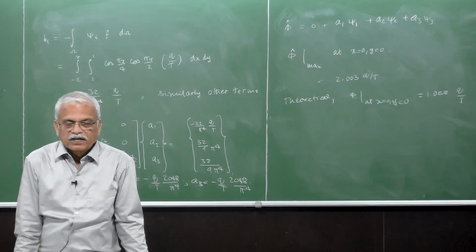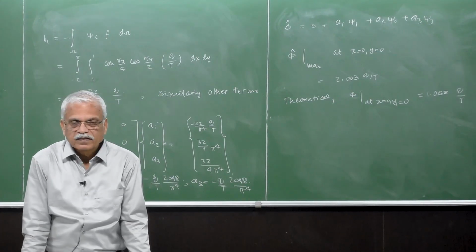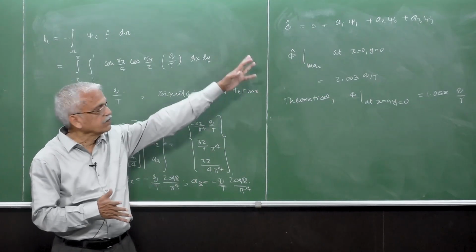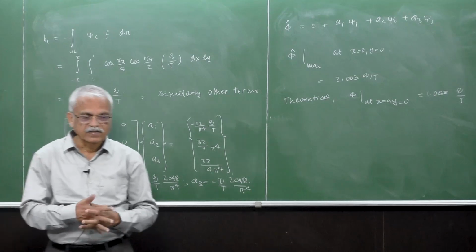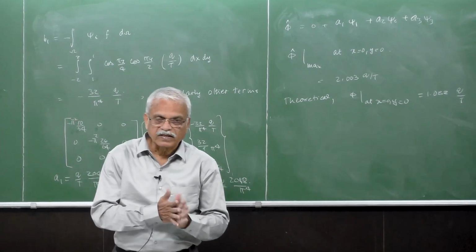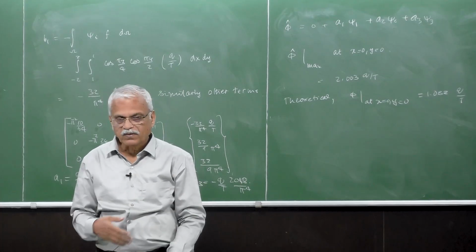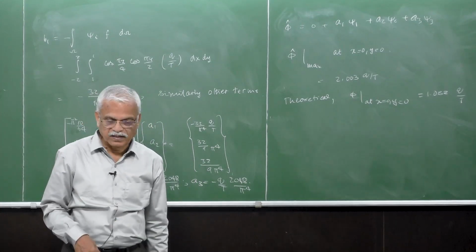Obviously, one important thing is that the function phi hat which we have taken is supposed to satisfy the given boundary condition before we put it into the weighted residual statement.